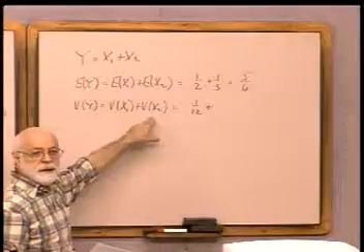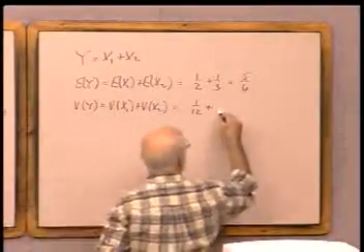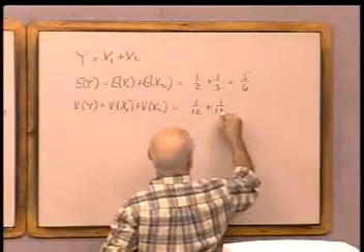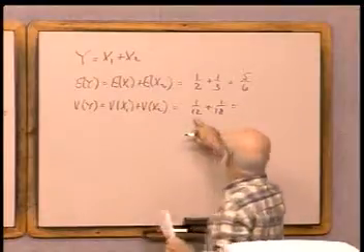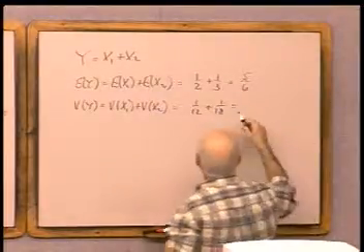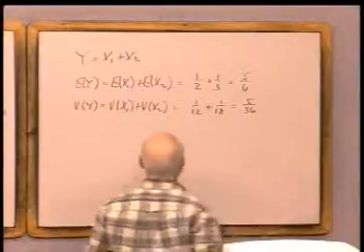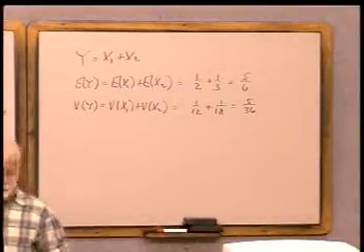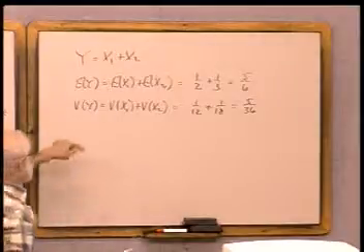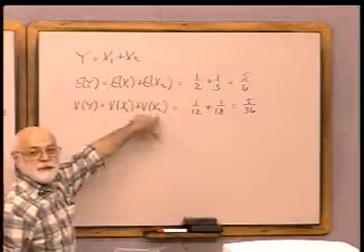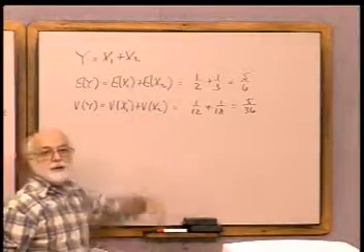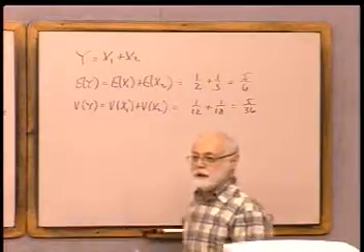Is that right, 1/18th? Yeah. So this is 3/36 plus 2/36 is 5/36. So that's the variance. Again, I'm not going to bother to work this out, but this should be straightforward. If anybody has a problem with this, come and see me after class.